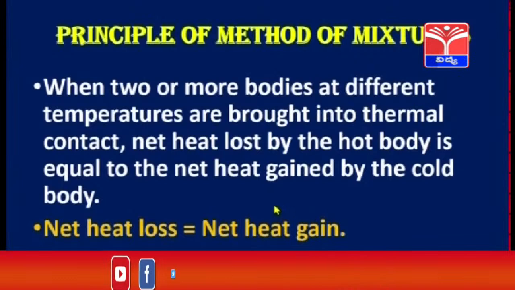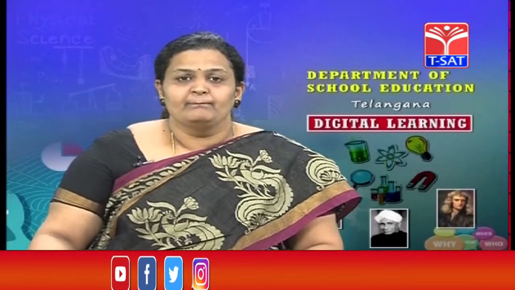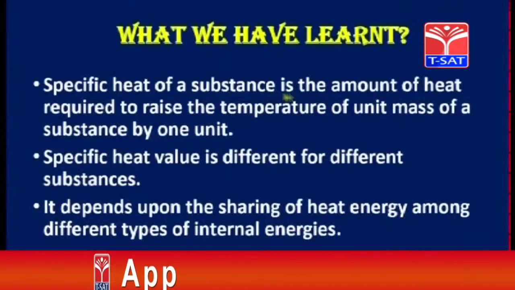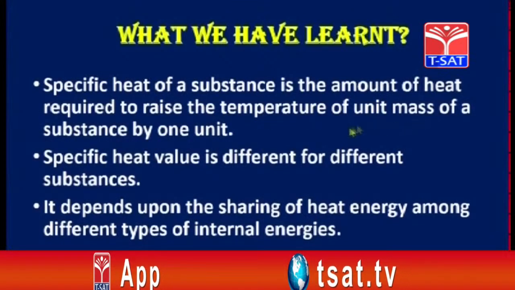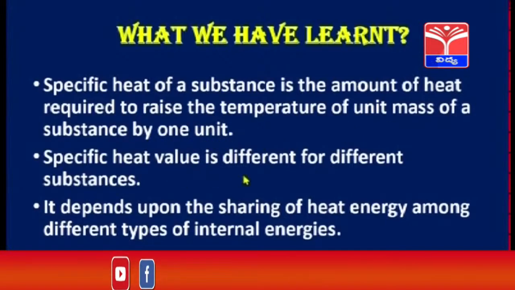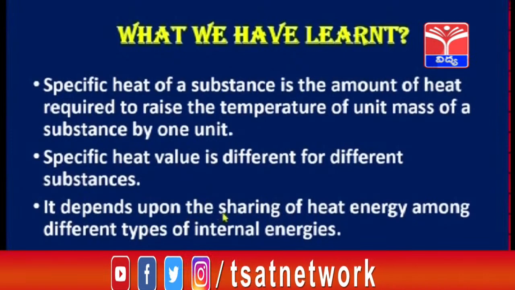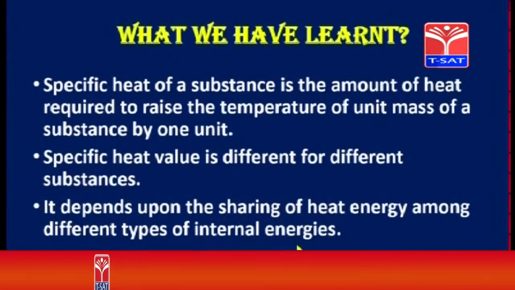So, we have come to the conclusion of this session, children. Before closing, let us see what we have learnt in today's class. The specific heat of a substance is the amount of heat required to raise the temperature of unit mass of a substance by 1 unit. We have seen that specific heat value is different for different substances. It depends upon the sharing of heat energy among different types of internal energies.